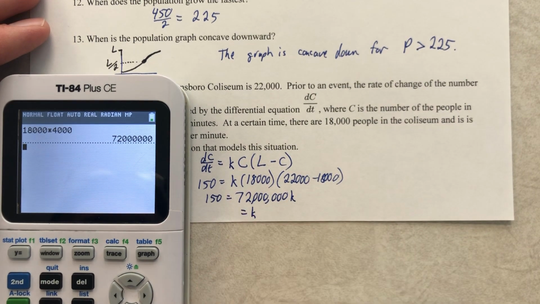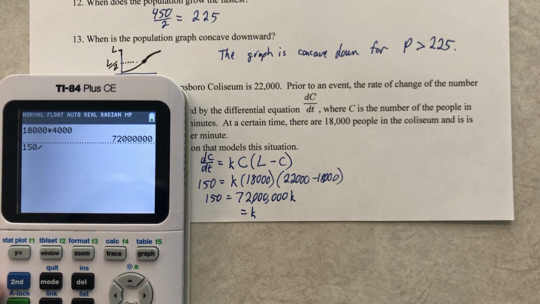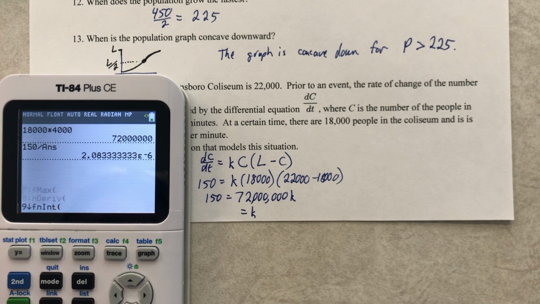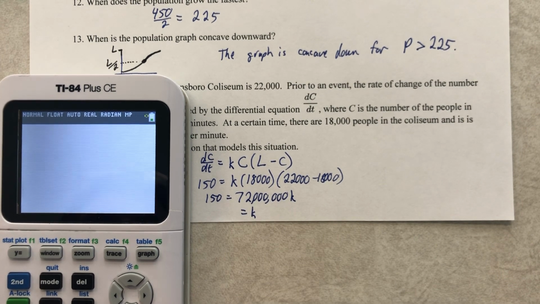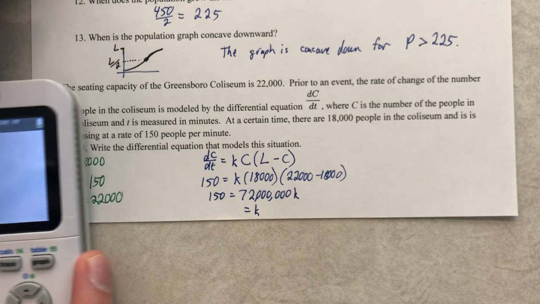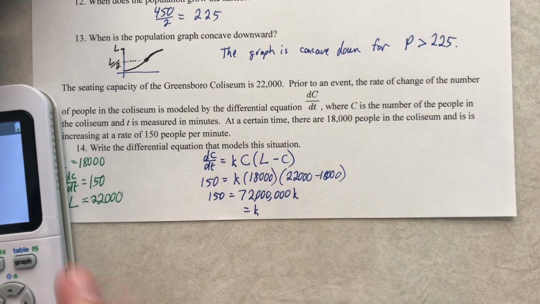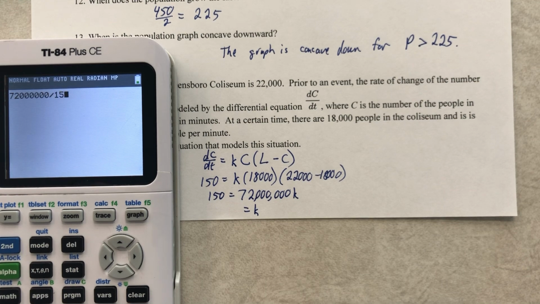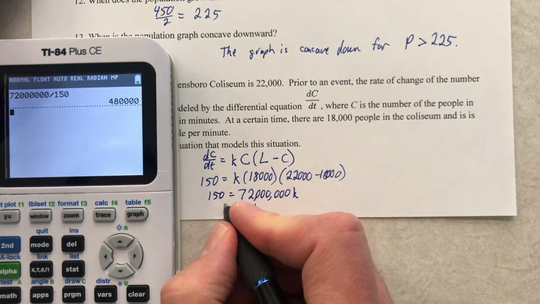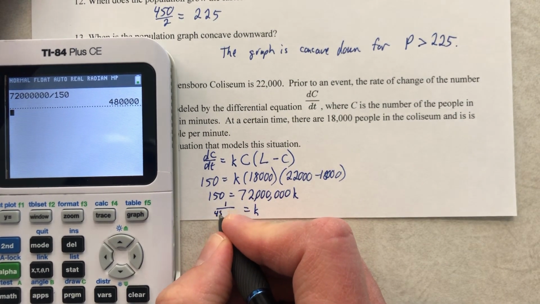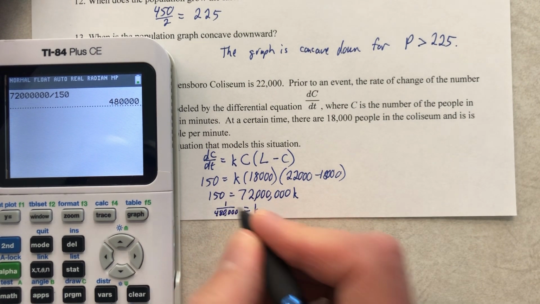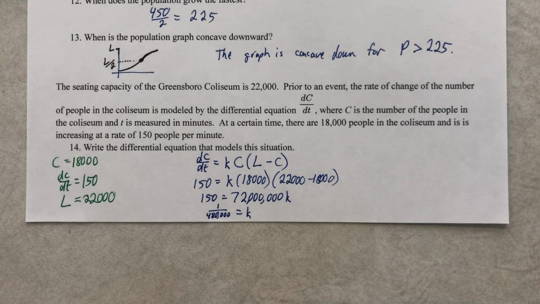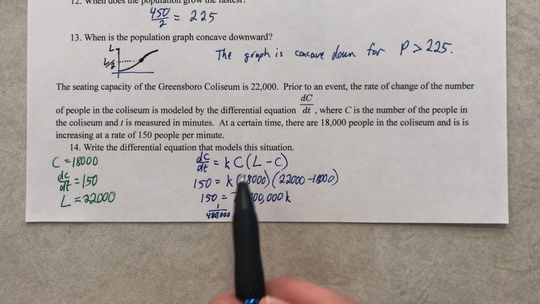So k is 150 divided by that last answer. 150 divided by 72 million, you know what? 72 million is going to divide by 150. Wonderful. It reduces to be 1 over 480,000. Okay, not done, because they did want us to write the differential equation that models the situation.